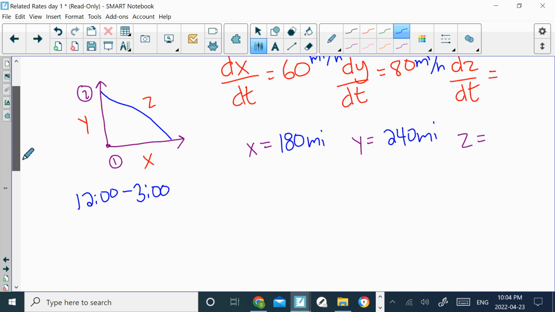Let's use Pythagorean theorem to calculate what z would be. So the distance between those two cars 3 hours later.